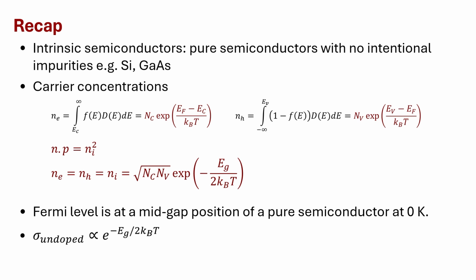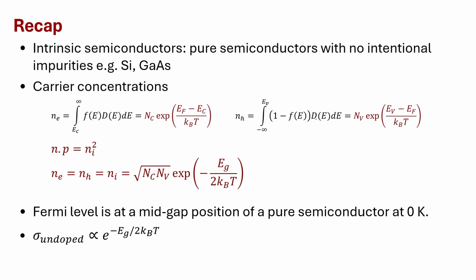The carrier concentrations in semiconductors are defined as Ne and Nh. Ne is the electron concentration in the conduction band and Nh is the hole concentration in the valence band, and this is nothing but the product of probability of occupation multiplied by density of states within the band of energy range EC to infinity, and the same for holes within the range minus infinity to EV, where the hole probability is 1 minus Fe, multiplied by density of states in the valence band.